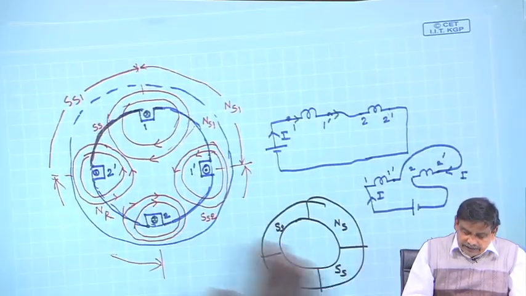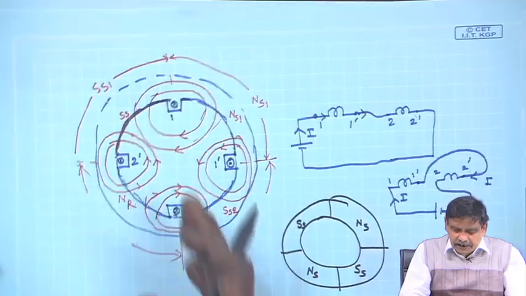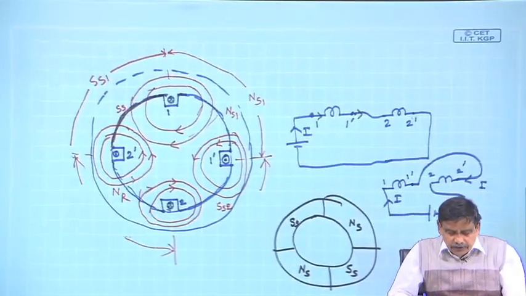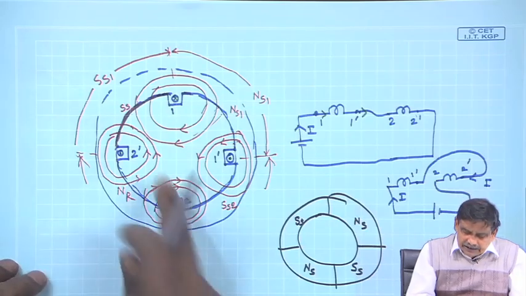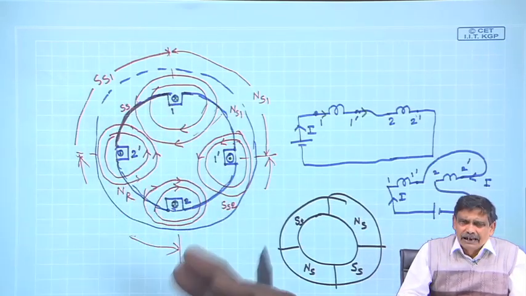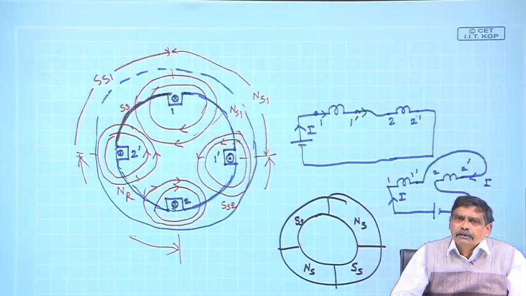So, this is the number of poles. Similarly, suppose I want to create 6 poles, then each coil produces 2 poles, so you will now require 3 coils.